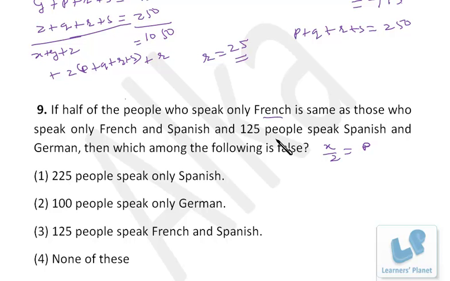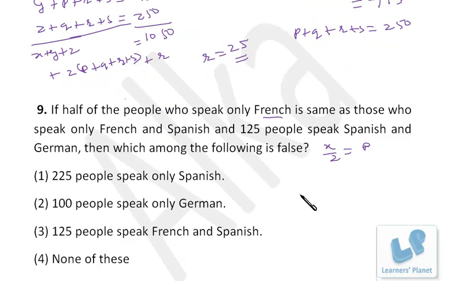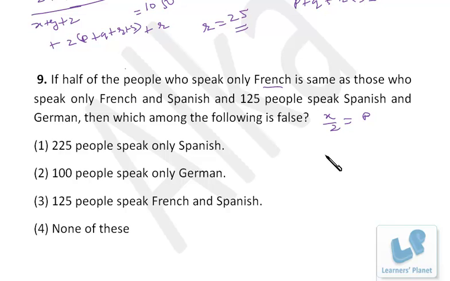And 125 people speak Spanish and German. Spanish and German is actually R plus S, right? So R plus S is 125. And where R is 25, R plus S is 125. So S must be 100, R is 25.